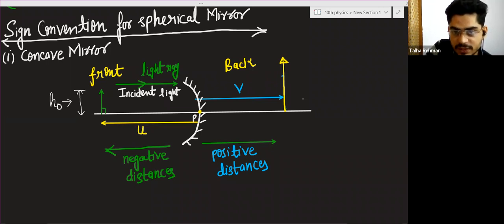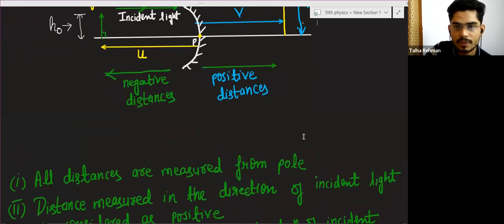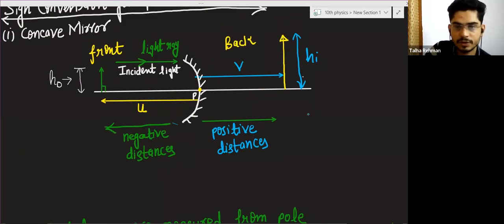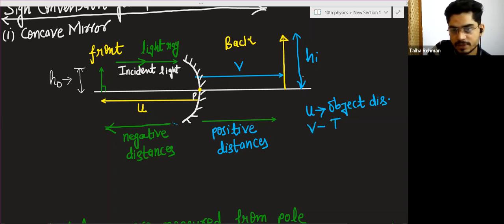And for the image, this distance will be positive because we are measuring the distance from the principal axis and we are going in upward direction. So this is the height of image, hi. I am writing all the terms in the corner. u is object distance. v is image distance.